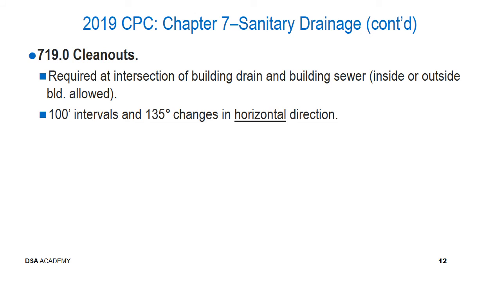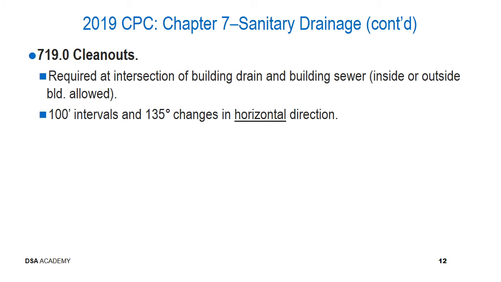However, this particular intersection is somewhat general in nature, and the cleanout is permitted to be either inside or outside the building, and is generally accepted to be within just a few feet of the inside or outside perimeter of the building. Obviously, the building footing can be a conflict, so that's why this particular dimension is somewhat generalized.